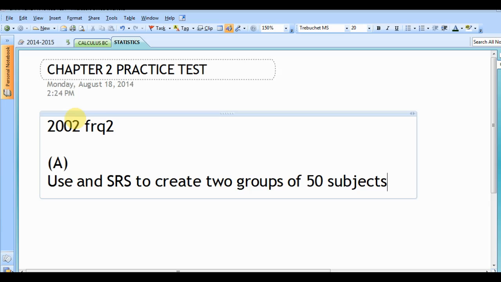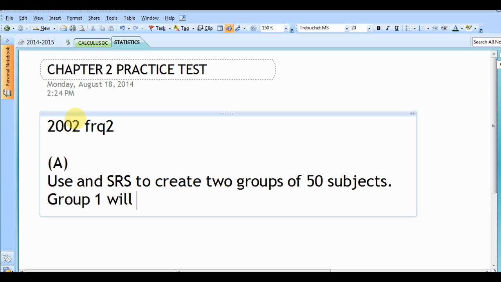Group 1 would be wearing the boots normally for 6 months. Which boots? The current method. Adam, which boots? The new waterproofing boots?